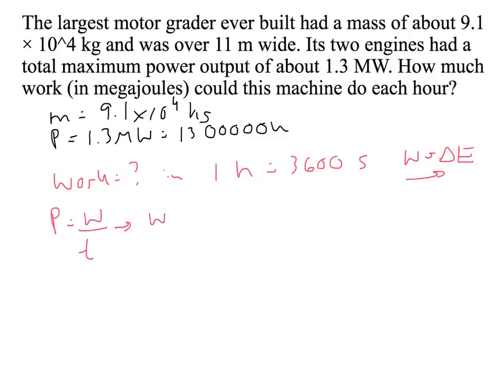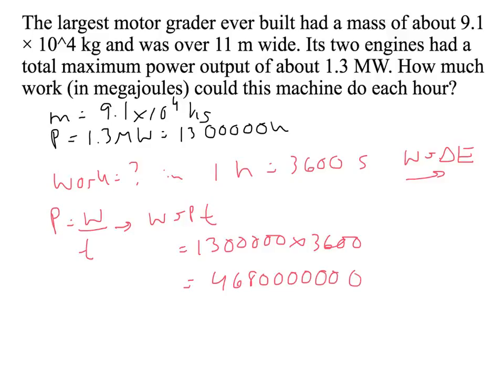We rearrange, we get work equals power times time, which is equal to 1.3 times 10 to the 6 times 3,600, which gives us 4.68 times 10 to the 9 joules, which is 4.7 times 10 to the 3 megajoules.